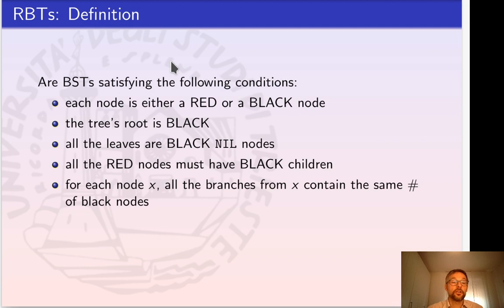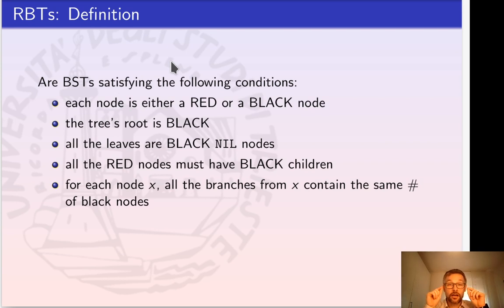Otherwise, we would be forced to include many special cases to deal with situations in which the uncle of the node does not exist, and so on and so forth. So to avoid all these situations, we include nil nodes, the rectangles we saw before, and all these nil nodes will be black.